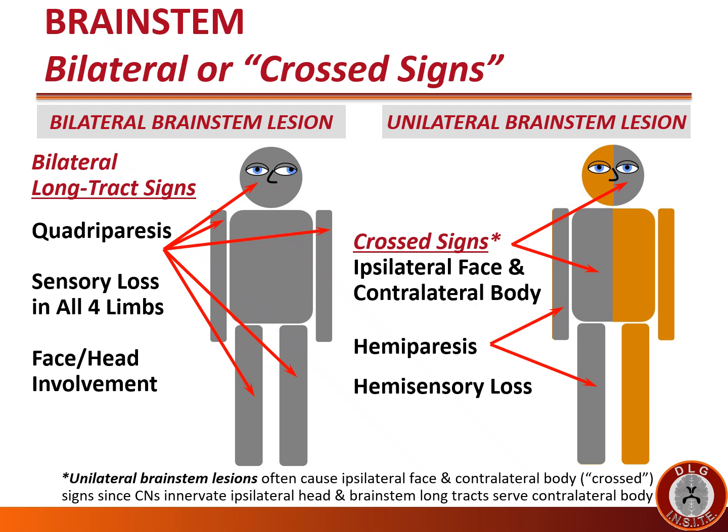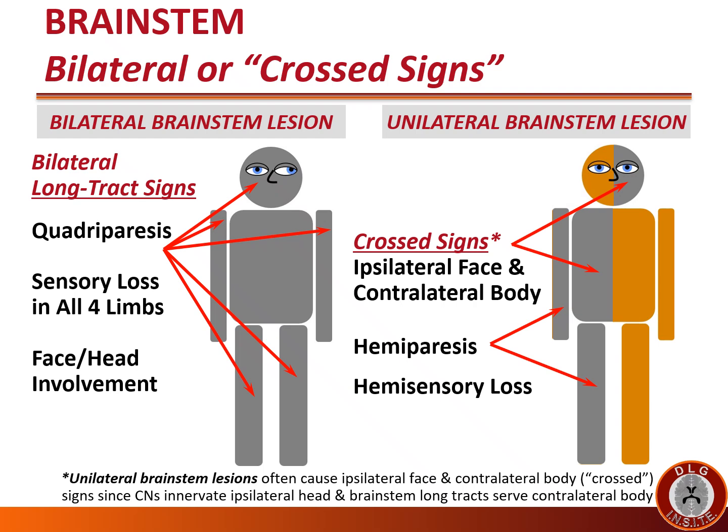The brainstem is the funnel or connector between the cerebrum and the spinal cord. As such, long tracts run through it, both motor long tracts going from the cortex down to the spinal cord, and long tracts going up, sensory pathways from the spinal cord up through the brainstem to the cortex.